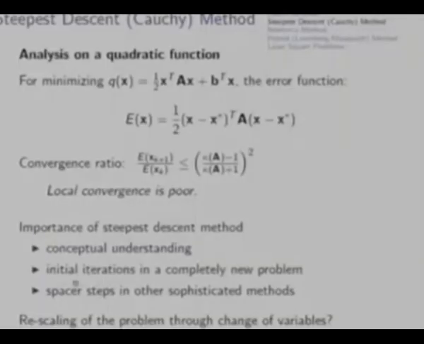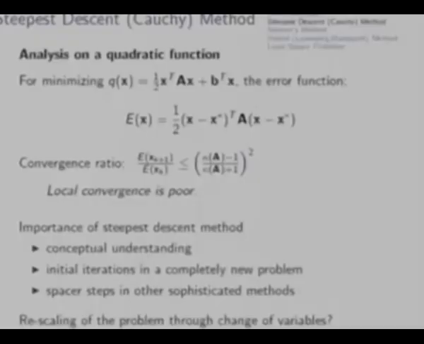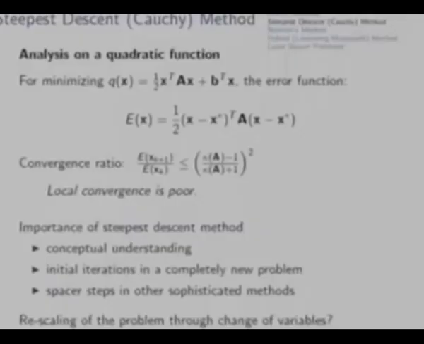So, those are considered spacer steps. Spacer steps in other sophisticated methods are quite often developed with the help of the steepest descent method. Now, the concept of selecting a direction and conducting a line search in that direction in this manner based on gradient is inherited also in the more sophisticated method of conjugate directions or conjugate gradient method.